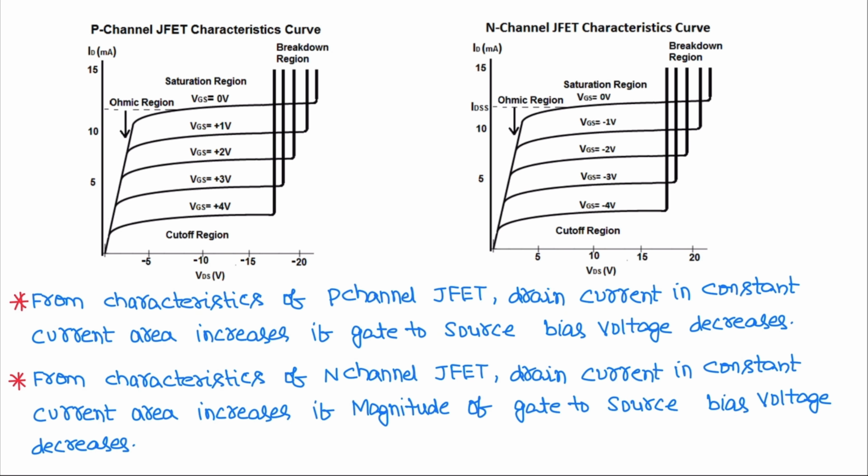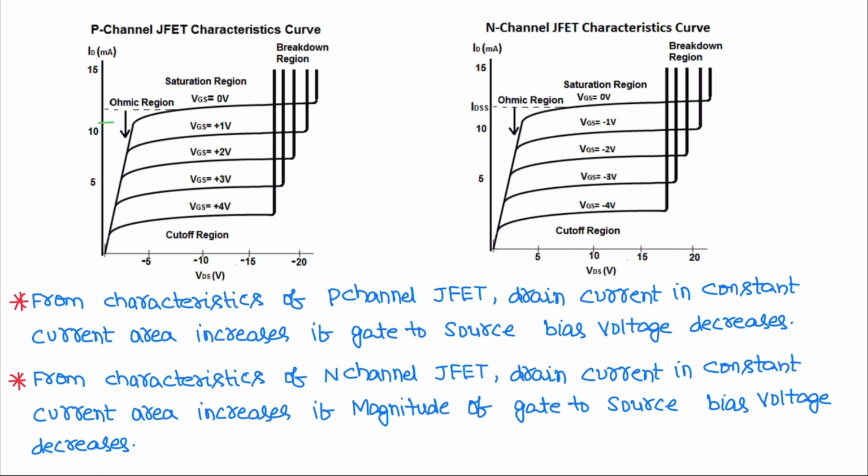Let us see the characteristics of P channel JFET and N channel JFET. In the P channel JFET, from the characteristics, this is the drain current in the constant current area. In this saturation region the drain current is constant.